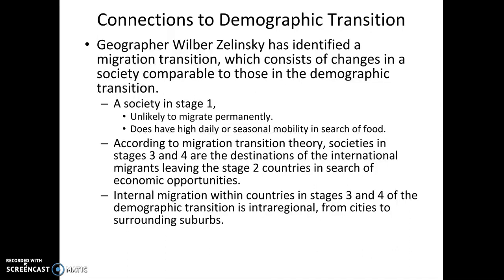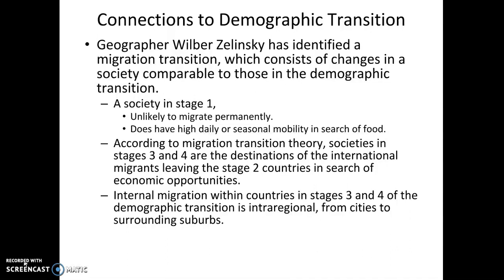Typically people from stage 2 countries migrate to stage 3 or stage 4 countries, whichever one is closest to them, because most of the time they're migrating for economic reasons, and they are traveling on foot or primitive vehicle because they have no money.